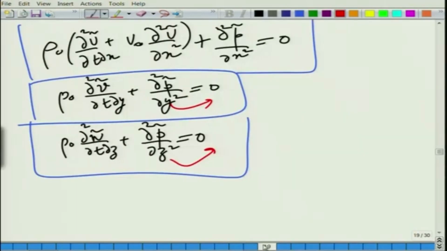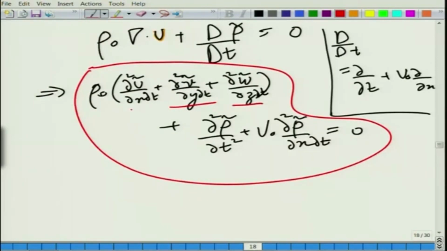For example, this term del square u tilde can eventually be expressed in terms of the other variables, where you have only derivatives with respect to space. All these terms can be translated to the other side. So, we can replace eventually this particular term. Then possibly we need to worry about eliminating one of these, this particular term.